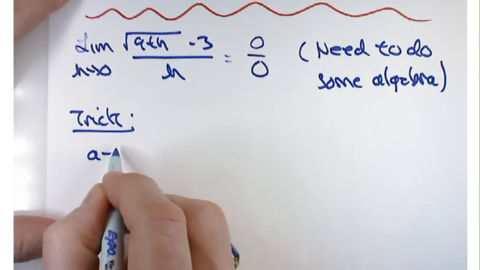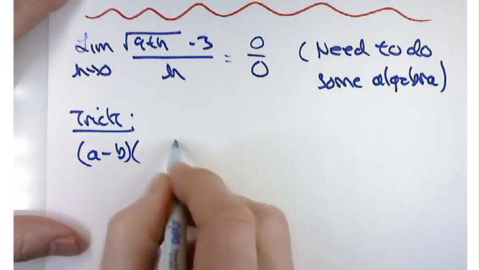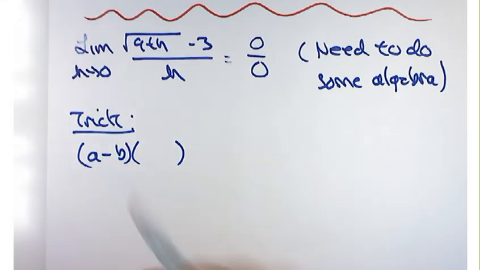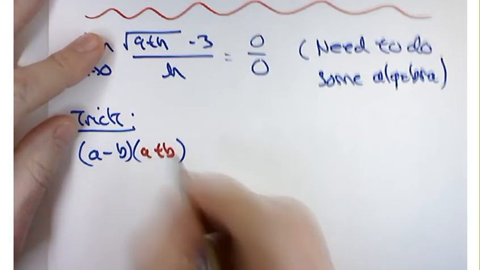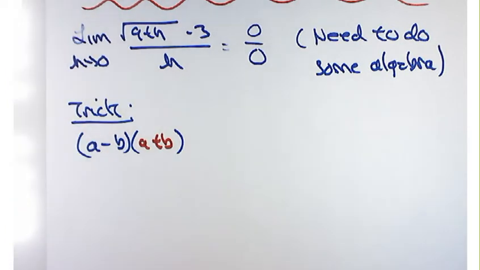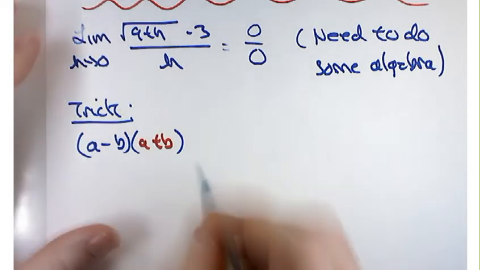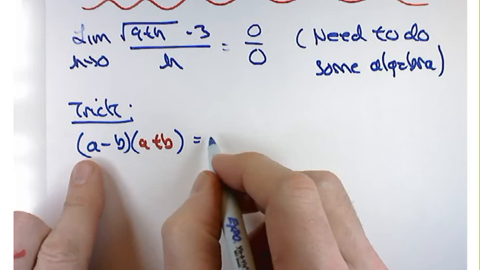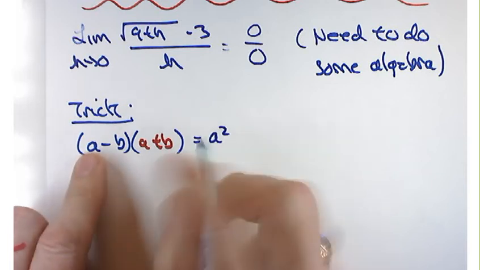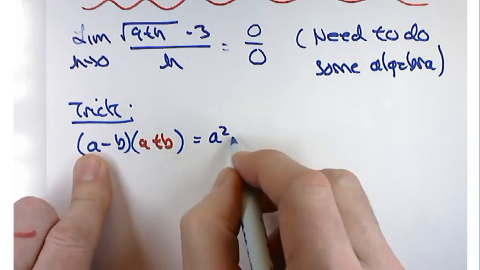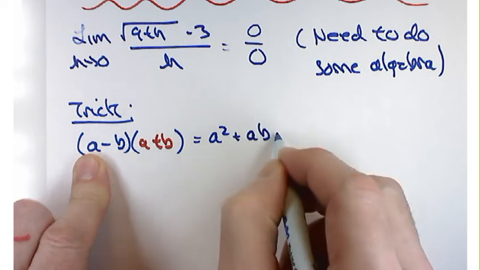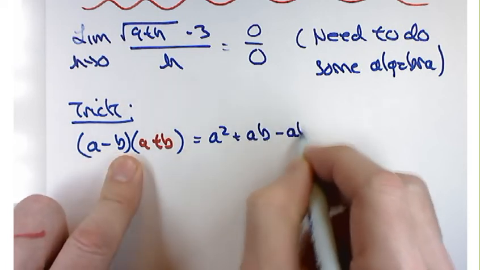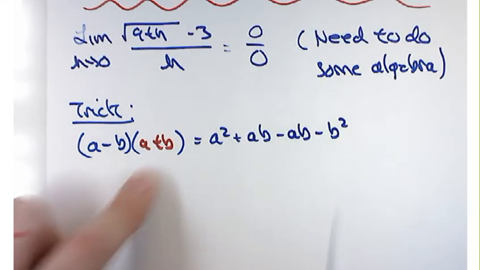If you had a minus b and you multiplied it by a plus b, something special happens. You remember this one? Can anyone do this in their head? Let's take a look at what we get. You get a squared, remember FOIL, plus ab minus ab minus b squared.